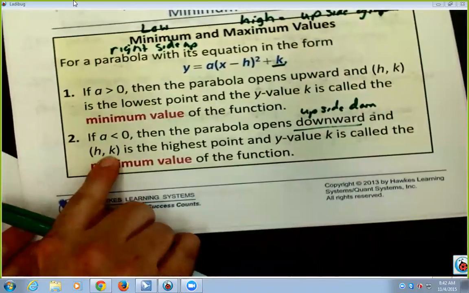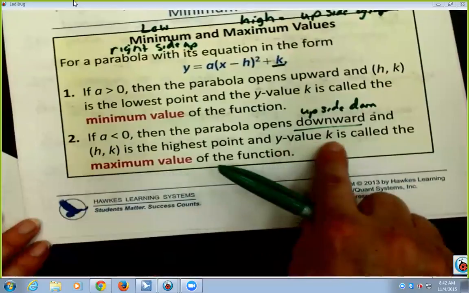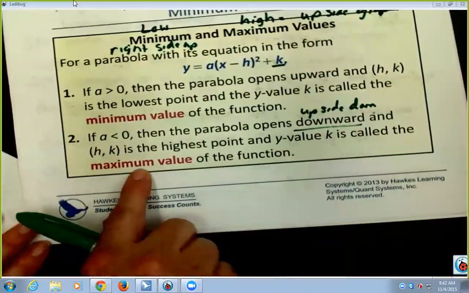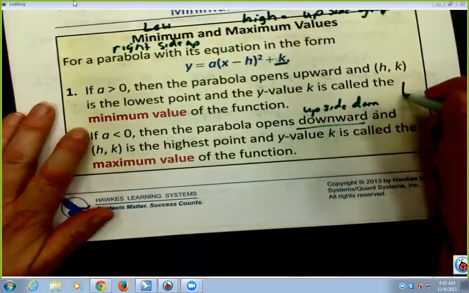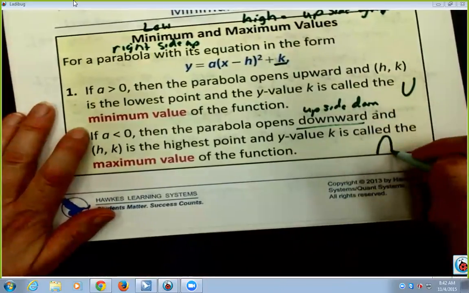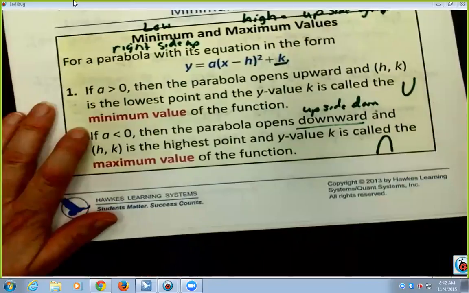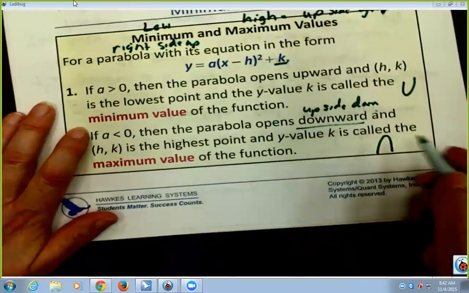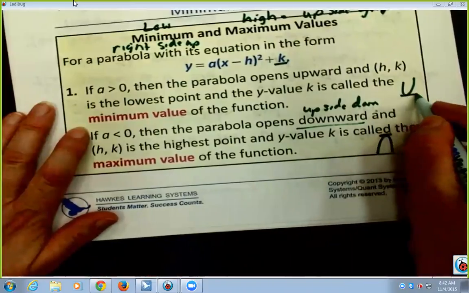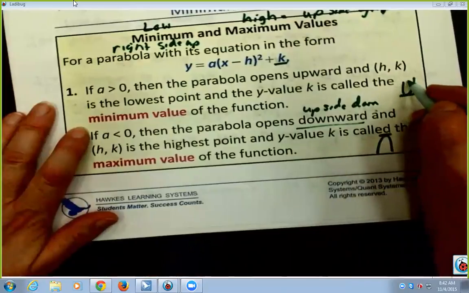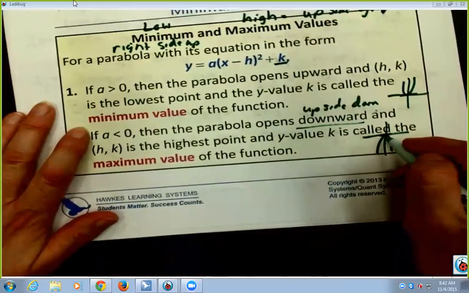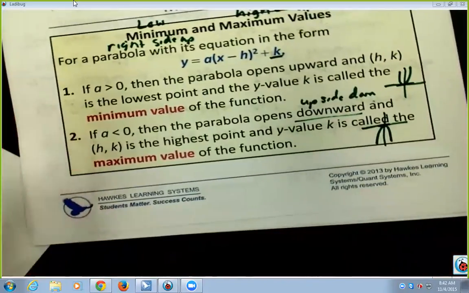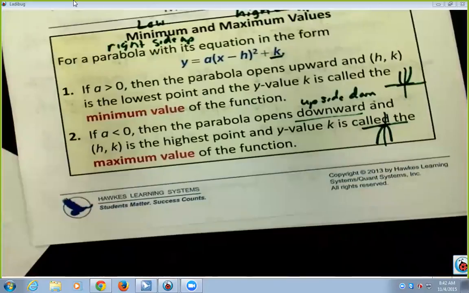You have your vertex of (h, k), and the highest point, that value of k, is going to be called your maximum. So minimums are right side up parabolas, maximums are upside down parabolas. Okay? So again it's this vertex point that you happen to have in there, that top point.